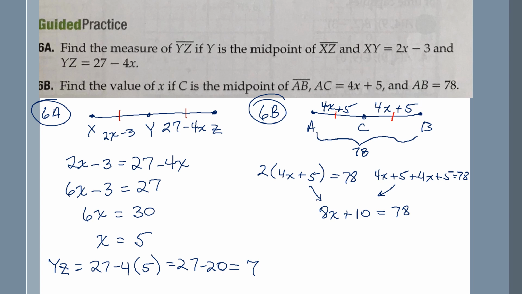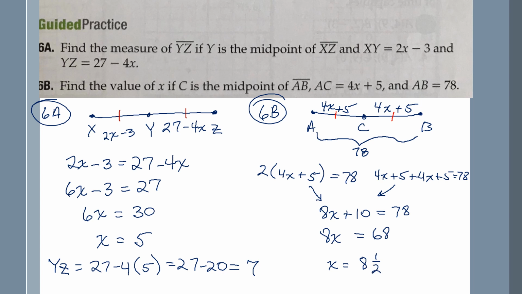Subtract 10 from each side. That's ugly. 8X equals 68. Divide each side by 8. X is going to be equal to 8.5 or 17 halves.